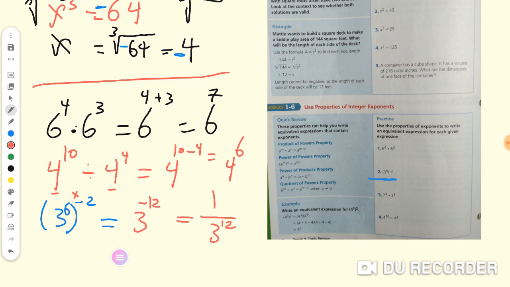So in case of negative power, if you want to write it in a positive power, just flip the number. Okay, flip the number. So if I have a number like this one, 7 to the power negative 2, I can write it as 1 over 7 to the power of 2. Okay? So take care about it, because in one of the questions I can give you the answer like this, okay?